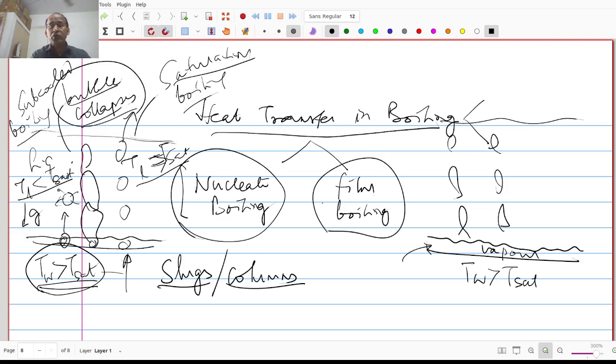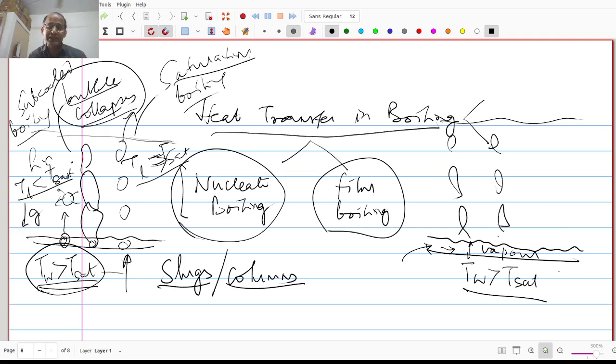Okay, so what happens because of film boiling, therefore, because the vapor has a much lower thermal conductivity as compared to the liquid, the heat transfer rate between the wall and the liquid starts coming down, and the wall temperature starts rising much more rapidly with the same amount of heat that is given, because the heat transfer from the wall to the evaporating liquid decreases, and therefore the rate of evaporation goes down, the heat flux goes down, and the stable vapor film gets established in between, and the wall temperature rises.